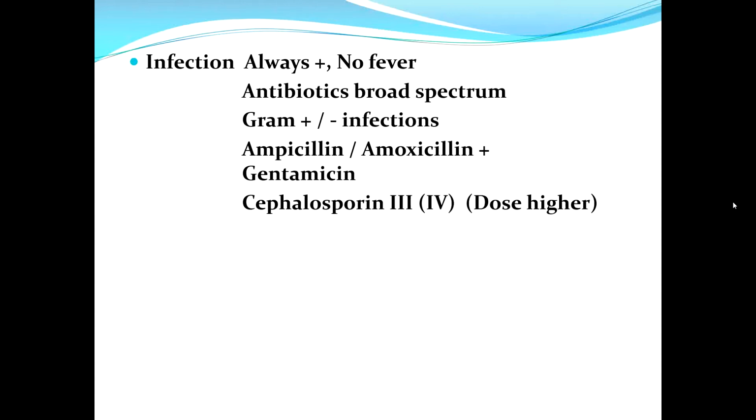So we use a combination of ampicillin and gentamicin or third generation cephalosporin covering both gram positive and gram negative organisms. And we also use not a normal dose but a little bit higher dose to combat infection in these malnourished cases.